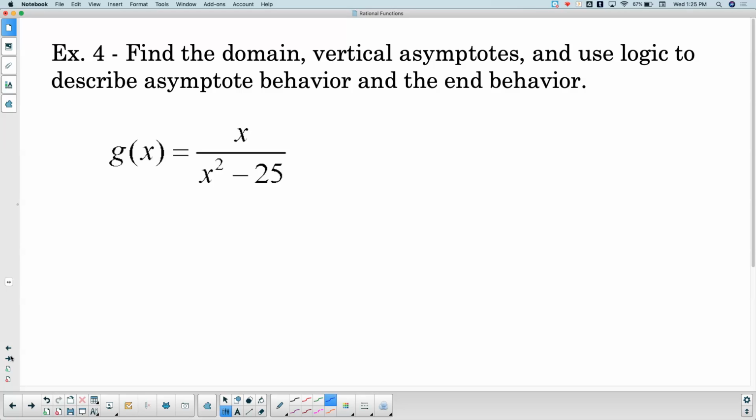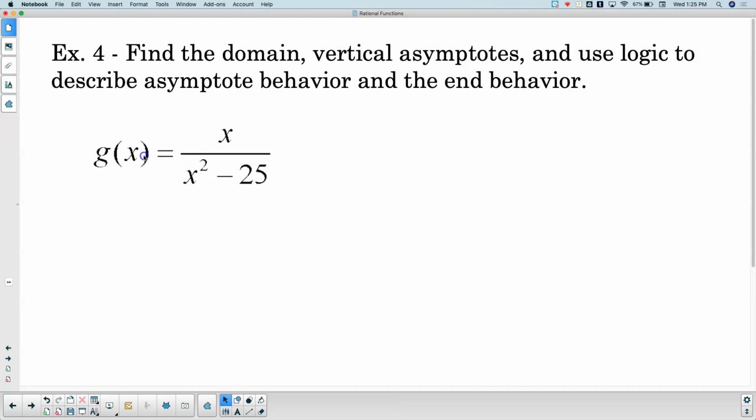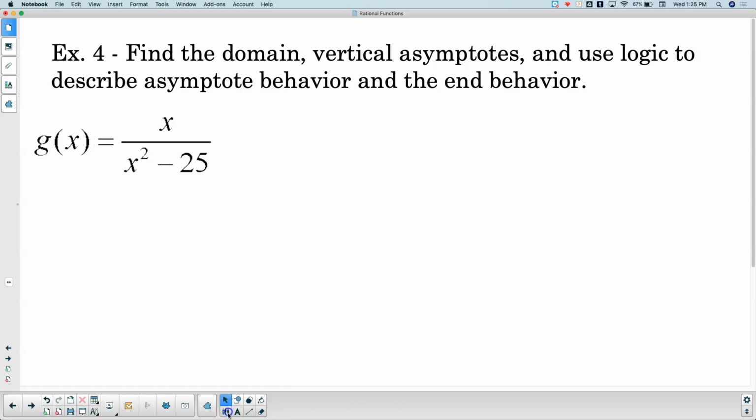So, first off, what do we do? Set the denominator equal to 0. So that is x squared minus 25 equals 0. So then that's going to be x squared equals 25.